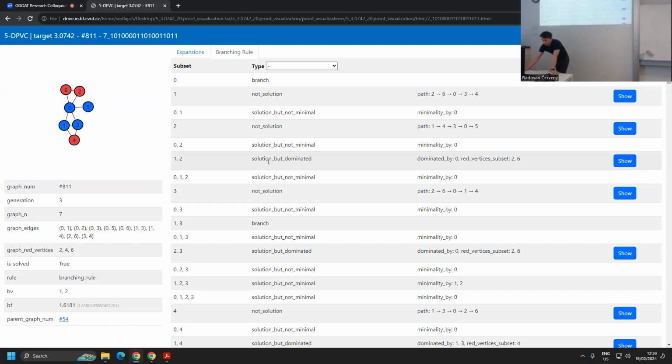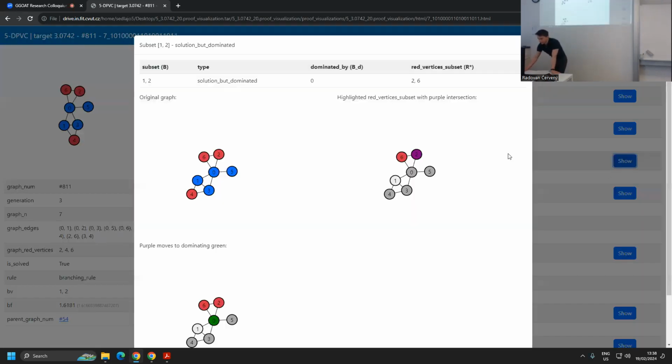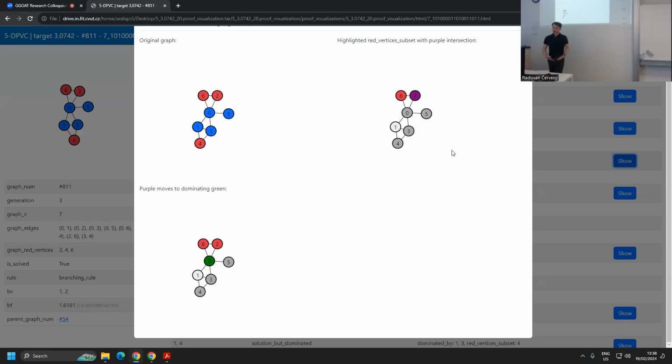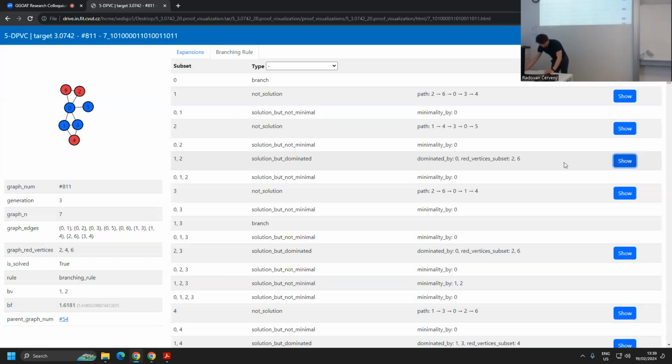Then, for example, 1 and 2 is again a solution, but it is dominated by someone else, again by 0. Since domination is not a trivial thing, I have to again show you how the domination works so you can verify it. And this is basically it.